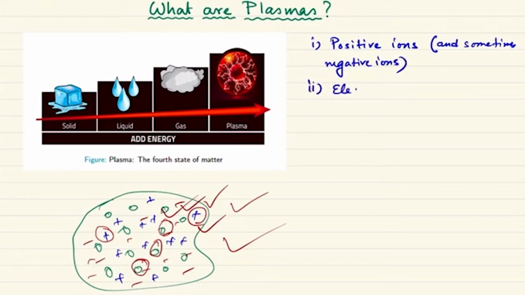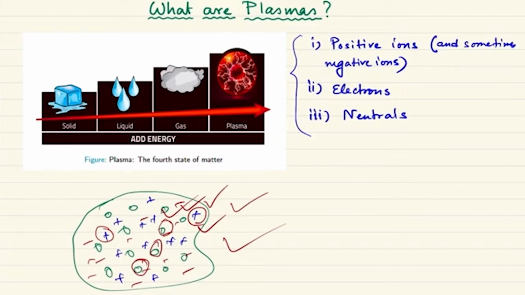Number two, electrons. Number three, neutrals. Okay. So you can simply understand that a plasma is a collection of all this.